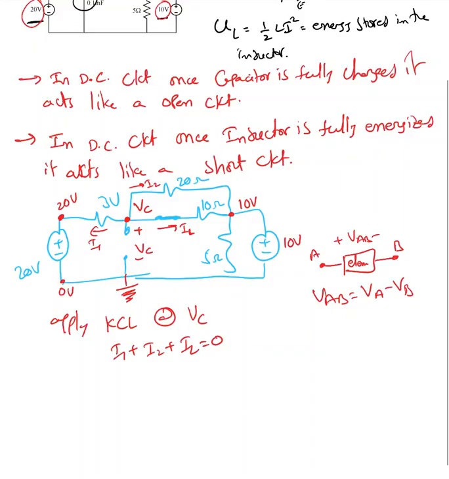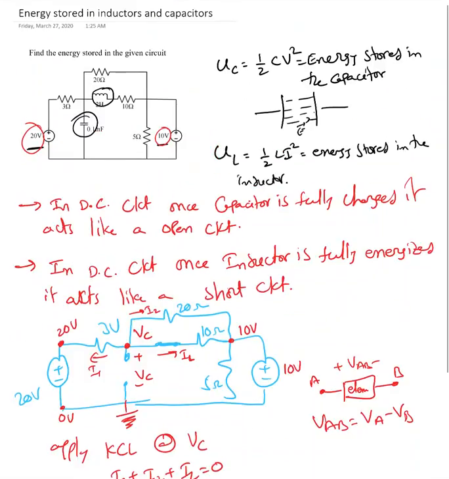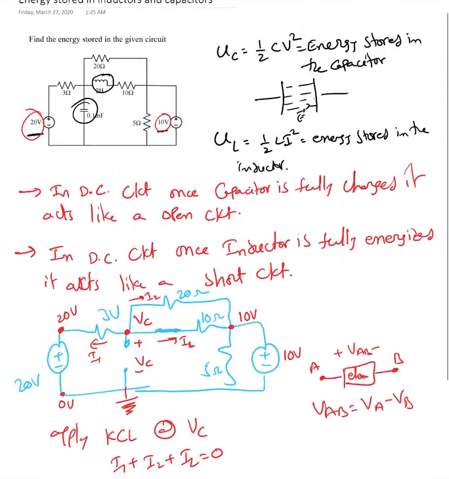I1 equals VC minus 20 divided by 3. I always take every current as going out because it's easier to write the equation: VC minus something divided by the resistor. Then I2 is VC minus 10 over 20, plus VC minus 10 over 10, equals 0.